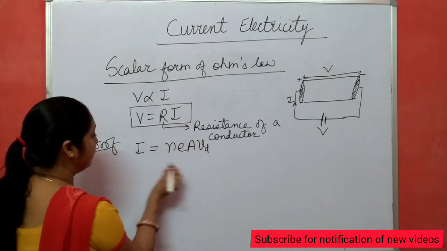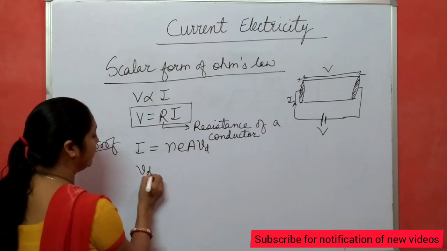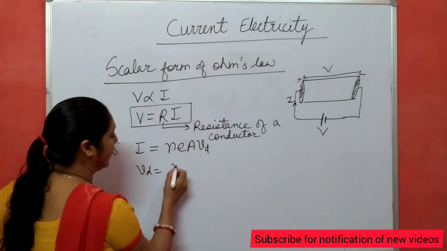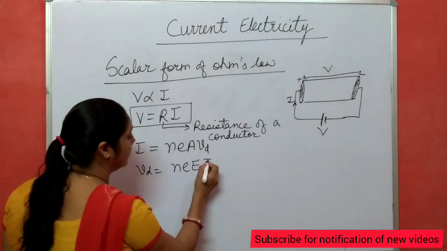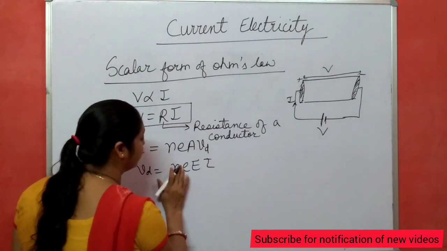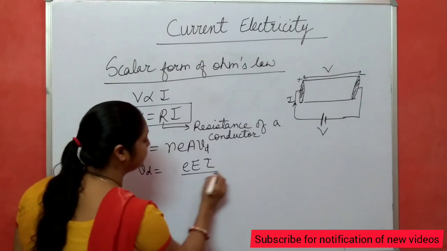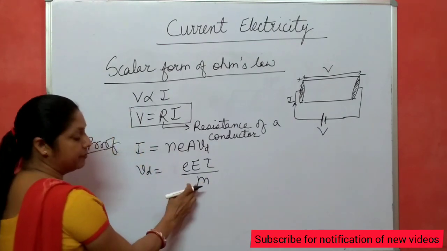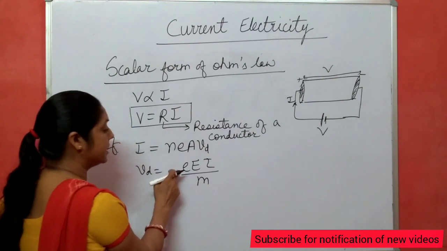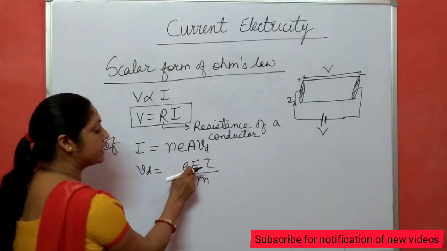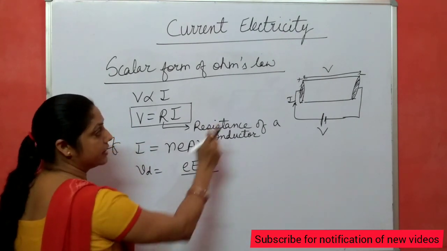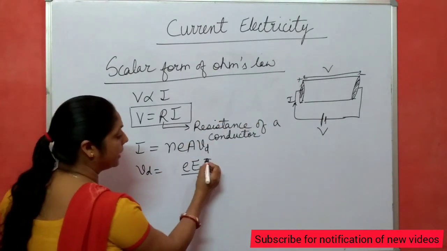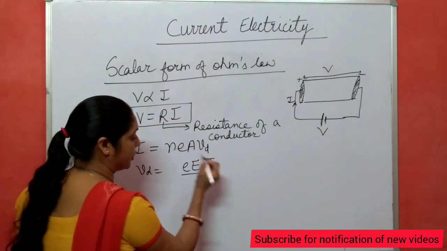And you know very well that VD is nothing but E tau by M. M is the mass of the electron, E is the charge of the electron, E is the electric field which exists between the ends of the conductor, and tau is the relaxation time.